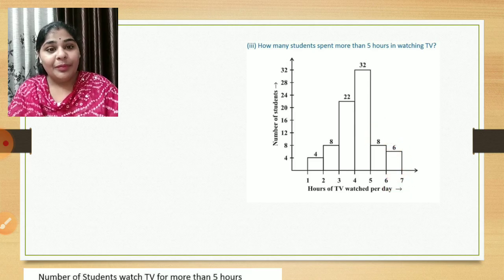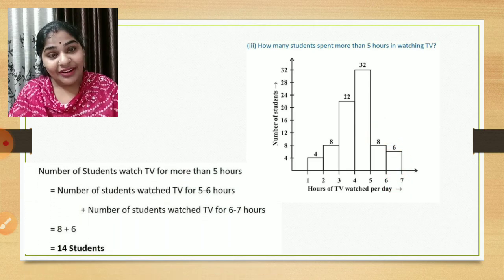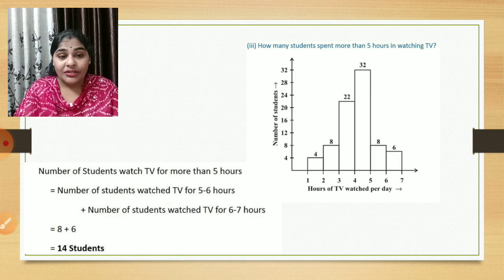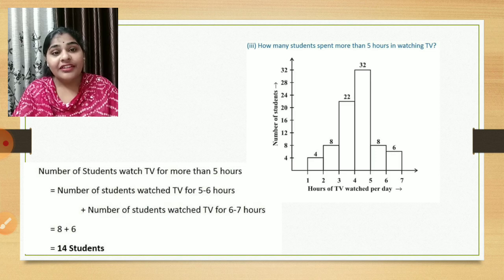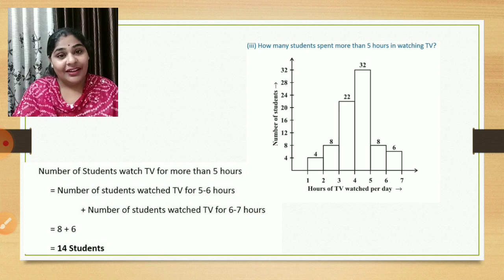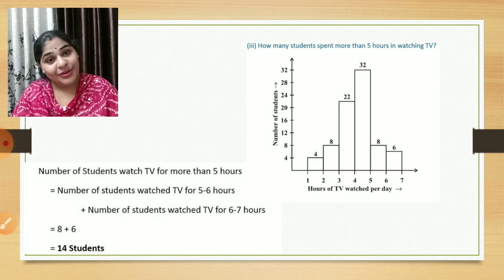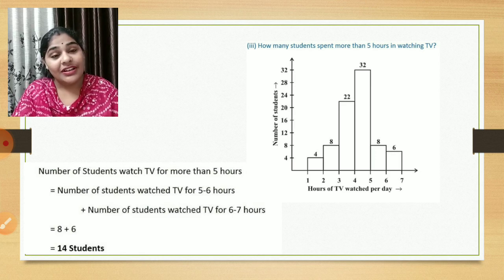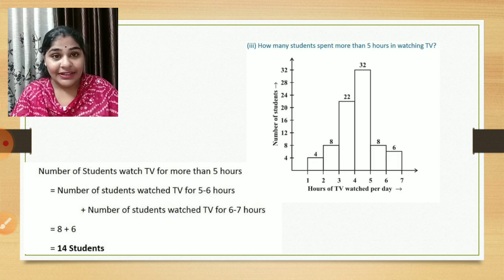So 8 plus 6 is nothing but 14 students. 14 students watch TV for more than 5 hours. So this is how you are going to calculate by reading the histogram, children. So only answers you will write in your classwork. No need to draw this histogram because it has been already given in the textbook.